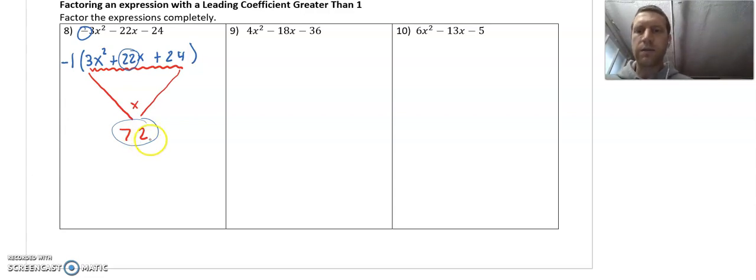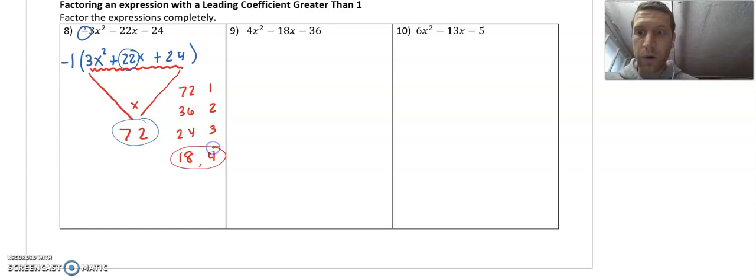So 72, let's see, 72 times 1, that's not going to add to 22. That's 36 times 2, 24 times 3. What's with 4? 72 divided by 4, that gives me 18 times 4. Okay, well 18 plus 4 gets me 22, so that's my combination right here, 18 and 4.